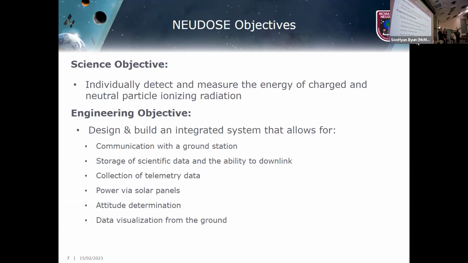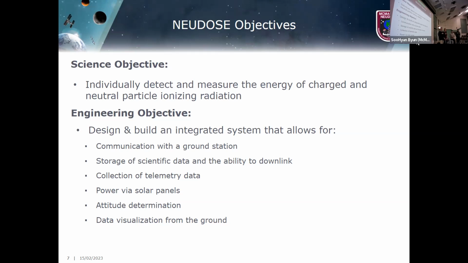We have also broken up, underneath our overarching objective, science objectives and engineering objectives. Our science objective is to individually detect and measure the energy of charged and neutral particle ionizing radiation. It's 2 different types of radiation: charged particle radiation and neutral particle radiation. And then our engineering objectives, we have a few here.